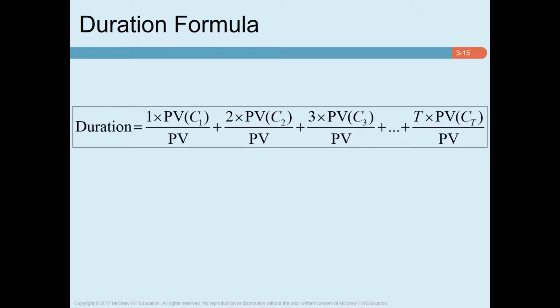The next point we discuss is duration. Changes in interest rates, as we have seen from the past video, have a greater impact on the prices of long-term bonds than on those of short-term bonds. But sometimes it's confusing what we mean by long-term bond and short-term bond.